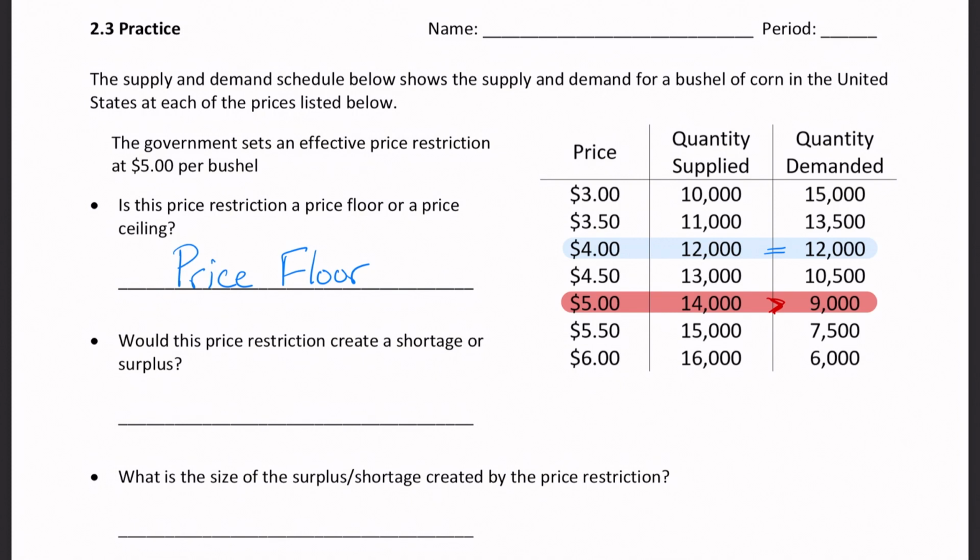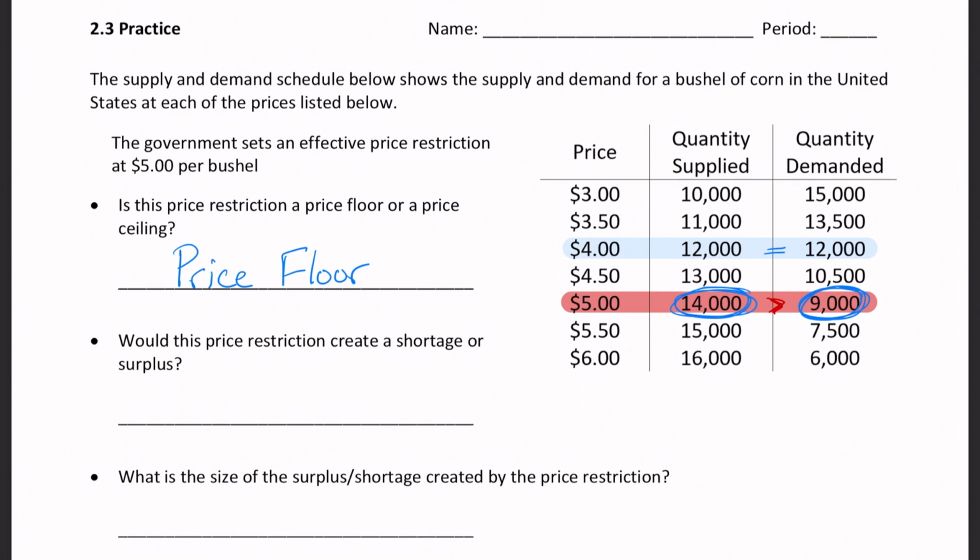And so again, is this going to be a surplus or a shortage? Well, let's look here. We notice that at a price of $5, 14,000 is being supplied, 9,000 is being demanded. So we see that more exists than what people want to purchase. Therefore, once those 9,000 bushels are all bought up, we're going to have some corn sitting around left over.